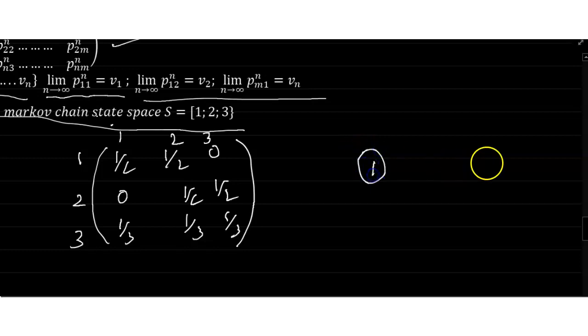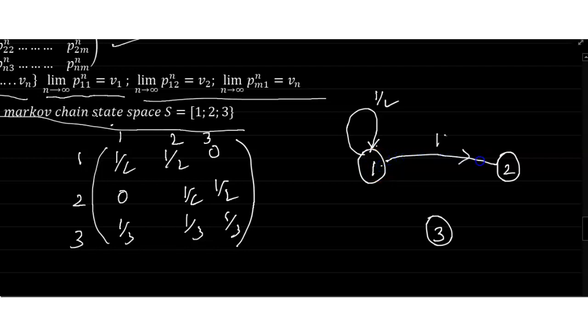This is 1, this is 2, and this is 3. 1 to 2 is half, 2 to 1 equals half, and 3 to 2 equals half. This part 2, there is a value, no, we can't get any value from this.